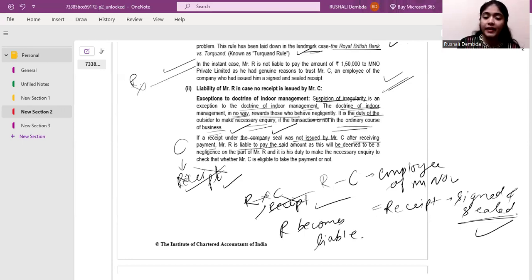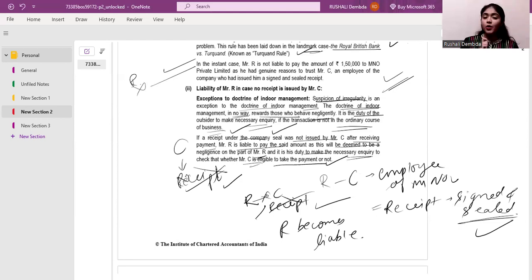And this will be deemed to be negligence on the part of Mr. R. It is his duty to make the necessary inquiry to check whether Mr. C is authorized to take the payment or not. We have to check whether Mr. C is someone who can get the payment from the customers, from the clients, or not.